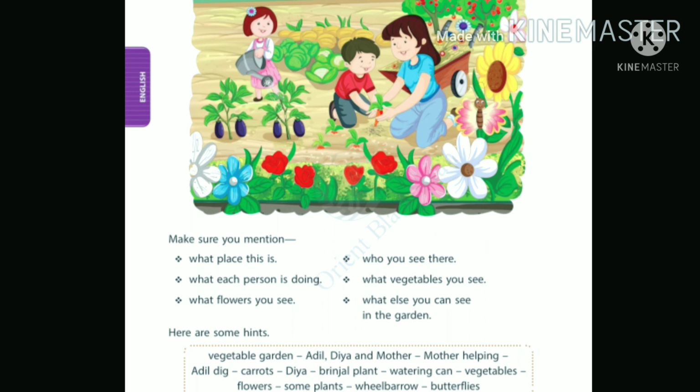What is each person doing? Adil is digging what? Carrots. Diya is watering the brinjal plant with a watering can. What is the mother doing? Mother is helping Adil to dig the carrot.